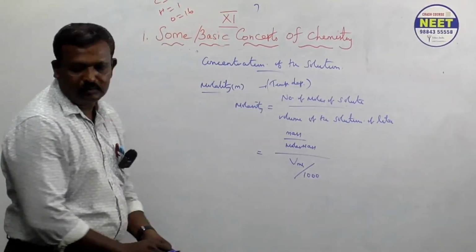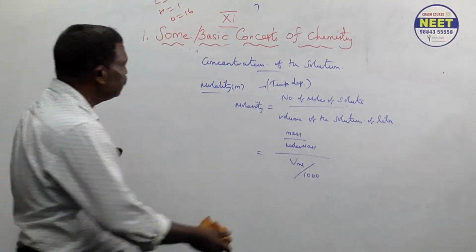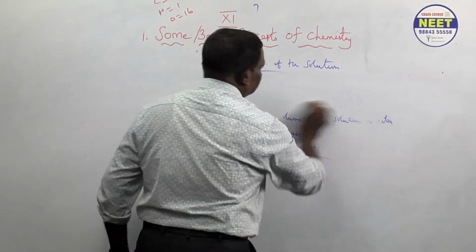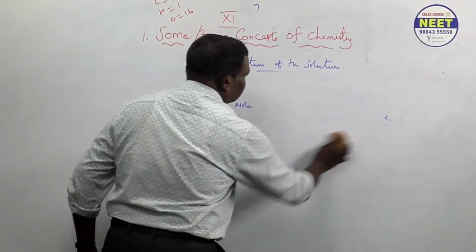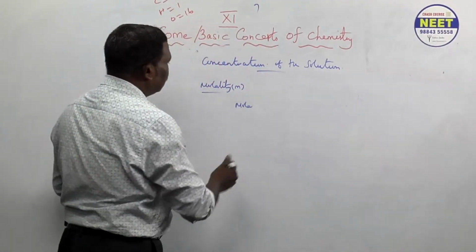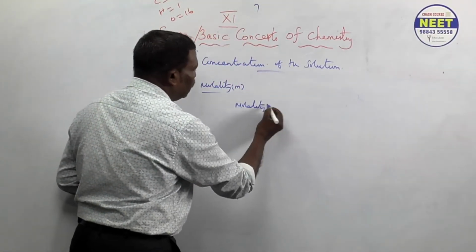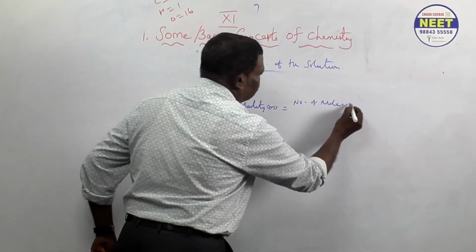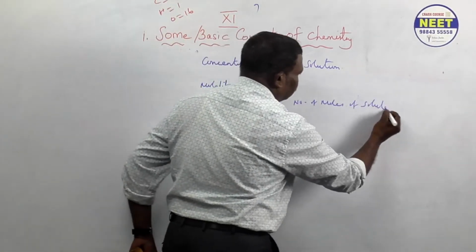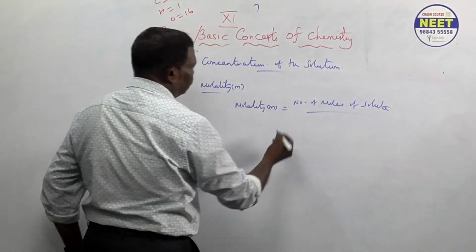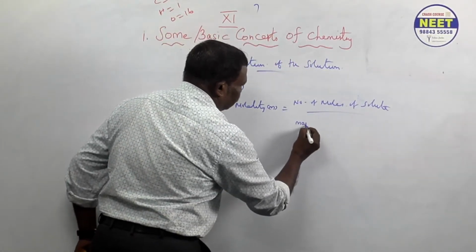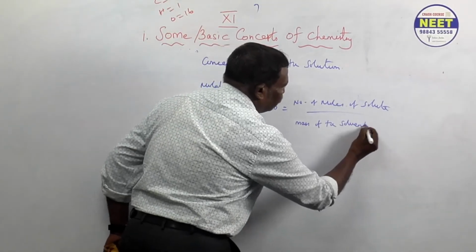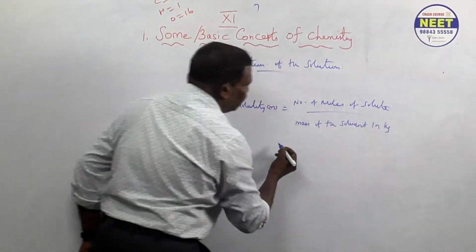So molality is small m, as usual, number of moles of solute by mass of the solvent in kilogram.